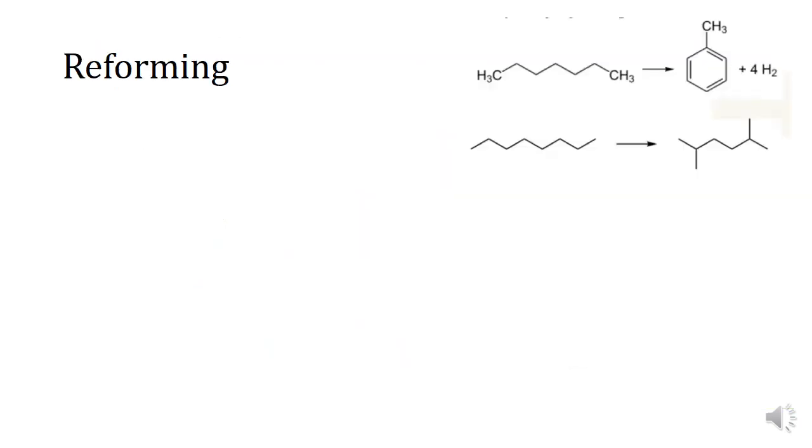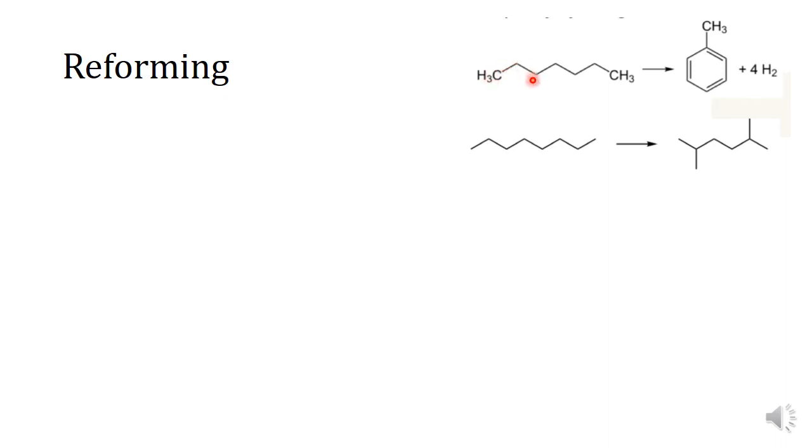So reforming is the process where we can take the slightly less useful straight-chain hydrocarbons and convert them into forms that are more useful both for industry and to change their octane numbers for petrol. So in that first example, let me get my laser pointer out.